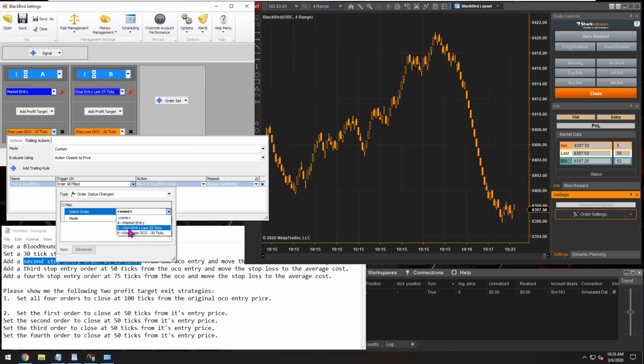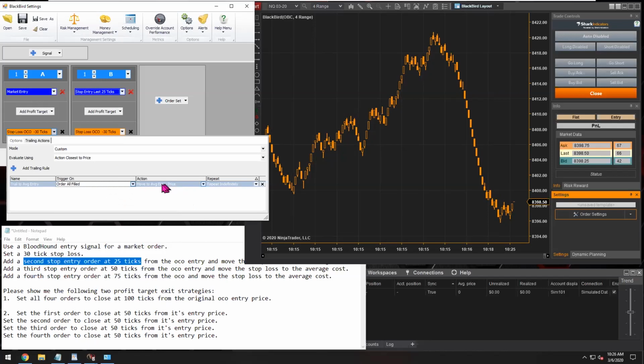There you go. B, when the stop entry is filled. Right, so order set B, we're looking for the stop entry to get filled. So when order B gets filled, that's our cue to move our stop loss up to the average entry price.